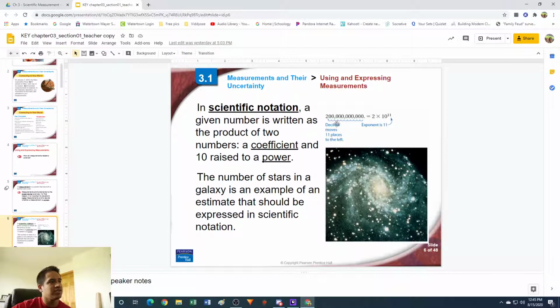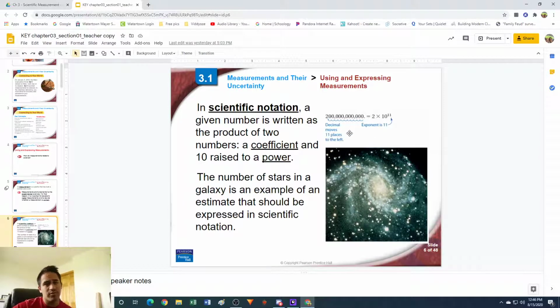The example here is 200 billion, I think, with a decimal at the very end. They move the decimal so that it's between the 2 and the first 0, so it becomes 2.0 or just 2. Then they count how many places they moved the decimal, and that becomes the exponent. So in this case, 200 billion becomes 2 times 10 to the 11th.